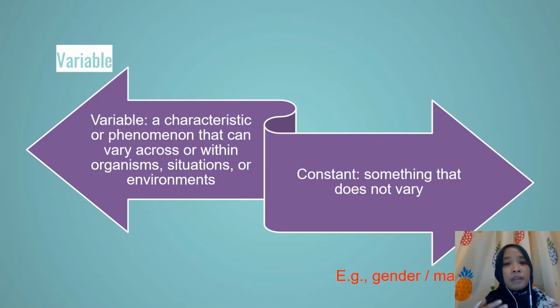But male itself and female itself are called constants. So gender or sex is a variable because it contains several different types of constants. So the keyword of variable is variation.